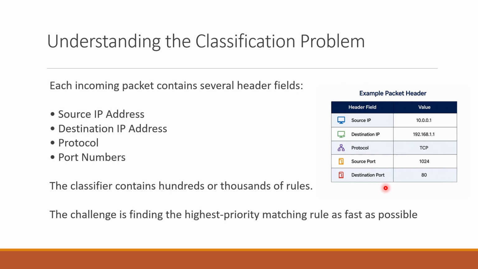So the classifier contains a large number of rules. For every incoming packet, the system must find the rule matching the packet as fast as possible, especially when the number of rules becomes very large.